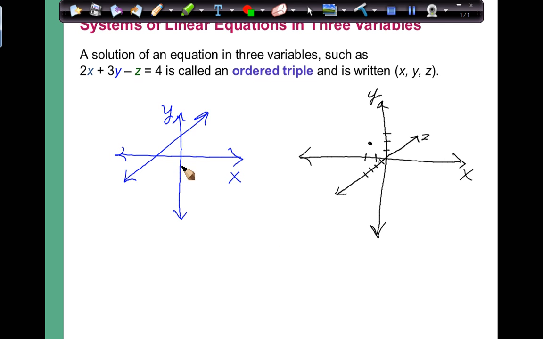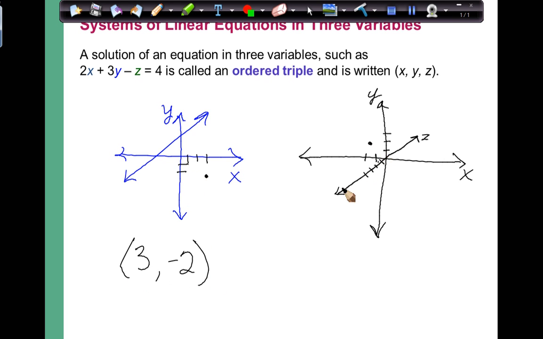So if we have a point over here on our normal axis, let's say this one, this point right here, this would be the point 2, -3, right? And 2 represents, oh, I'm sorry, that would be the point 3, -2. Let me try that again. The point 3, -2, and 3 represents the x, and -2 represents the y.